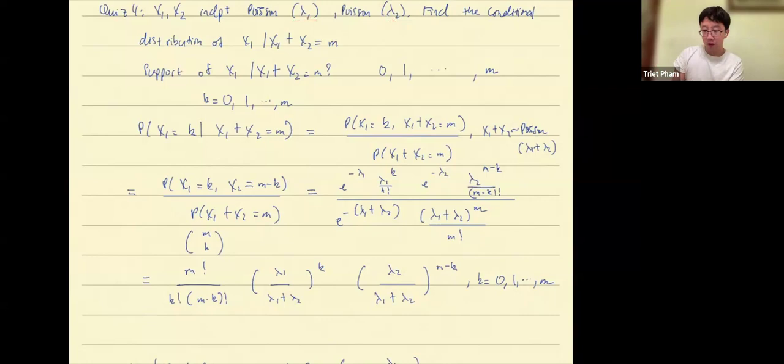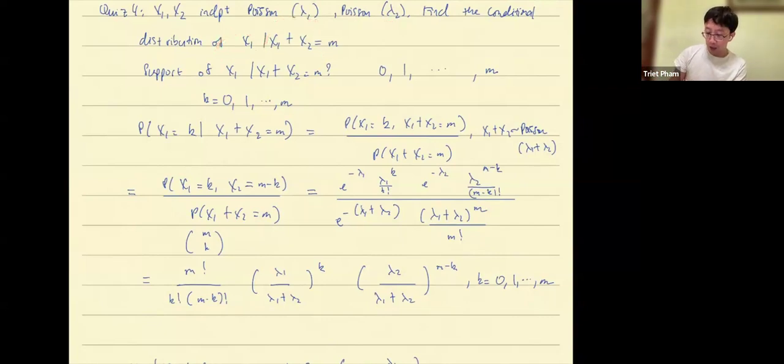For example, the higher the lambdas, the more arrivals in a unit of time. So if this is 1,000,000 to 1, then clearly, conditioned on a certain number, you would expect most of them to be from the first category, because there are just so many arrivals of the first type.